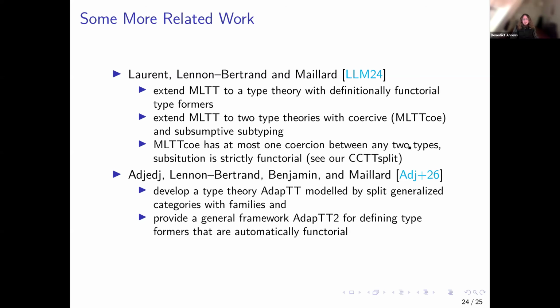So maybe this paper is a bit what you're looking for, where there's a translation between different type theories, and maybe the answer to your question specifically is given by the translation from MLTT coerce into the first variant of MLTT that does not have explicit coercions.